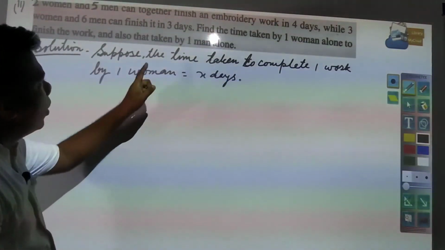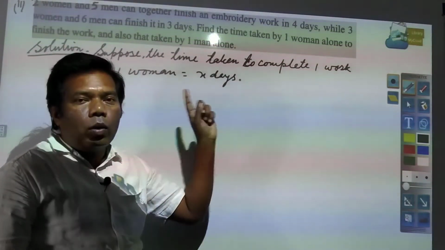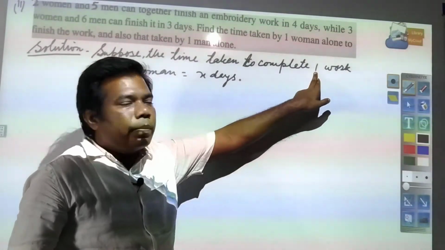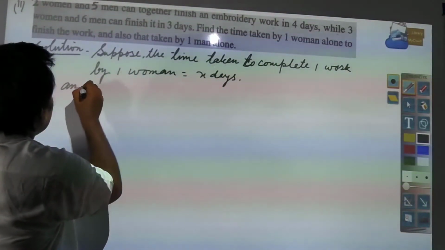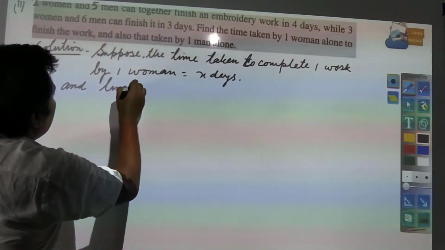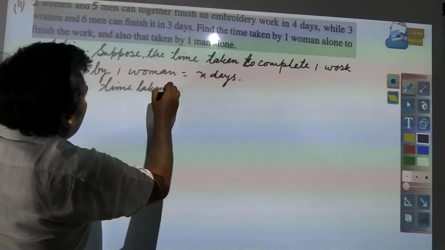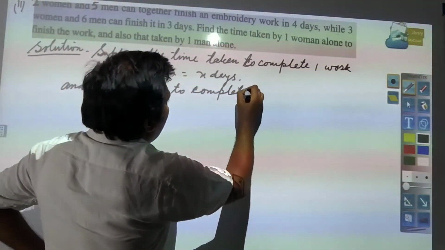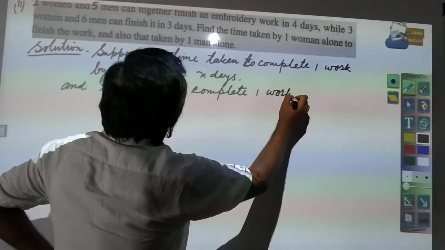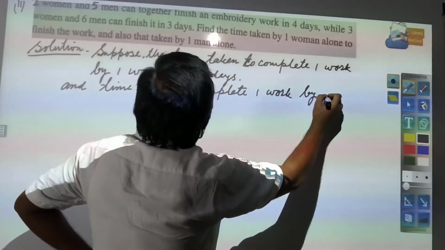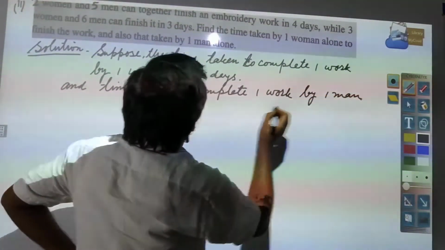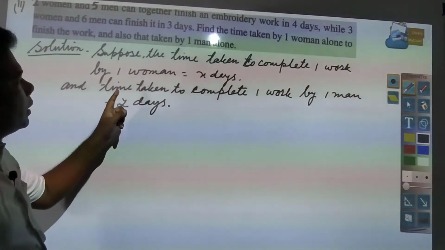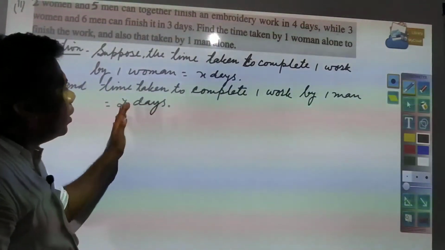Suppose if one woman is working alone, so she is taking x days to complete one work, and time taken to complete one work by one man is equal to y days. Suppose if one man is completing the same work in y days.